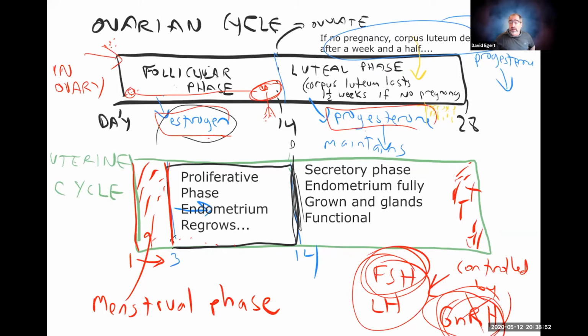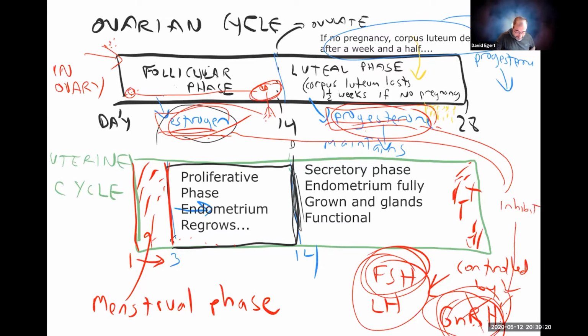That's how come in general you only have one egg developing instead of a whole bunch. So for this whole month, you don't have new gonadotropin releasing hormone because the estrogen and the progesterone both inhibit it.